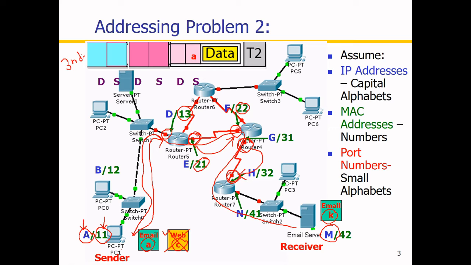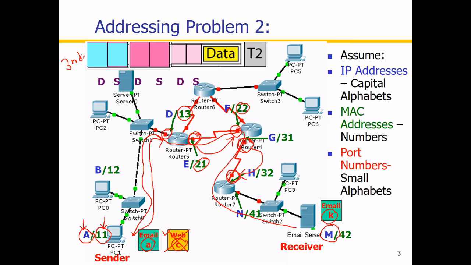All right, so once again, the sender and destination port don't change, the IP doesn't change, but the MAC is going to be now 31 and 32 for the third hop, okay? And when that's done, data is going to go from router 4 to router 7.